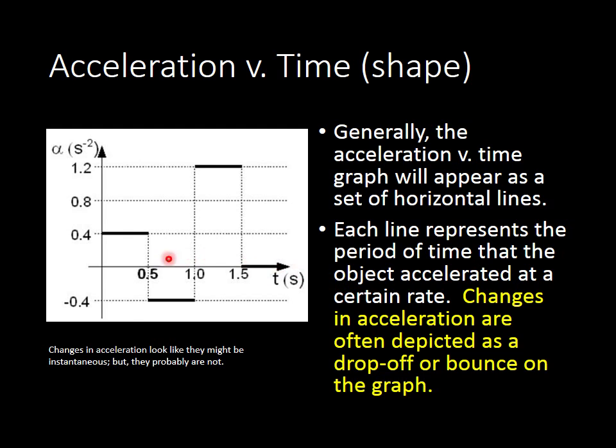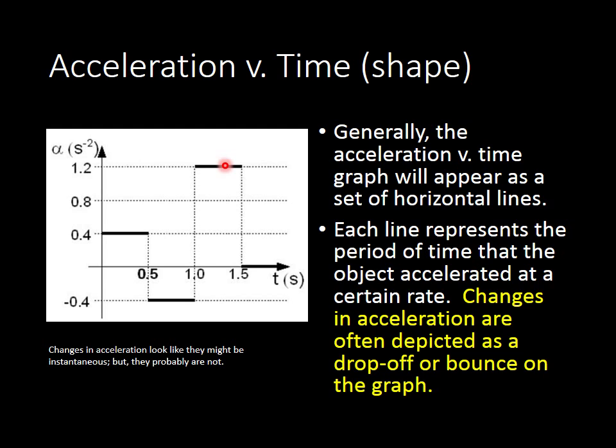What you really need to get out of this though is that changes in acceleration in this graph make it a funny looking graph. Every time we have a change in acceleration, it looks like there's some kind of a drop off or maybe a bounce upward, and it looks like they might be instantaneous, but probably in real life they're not.